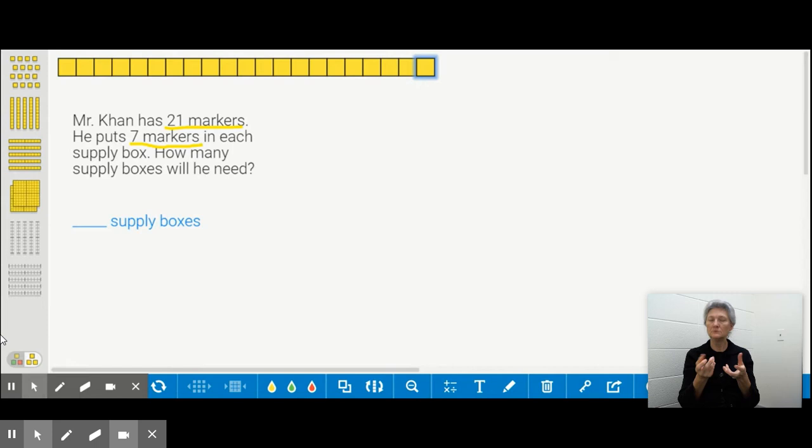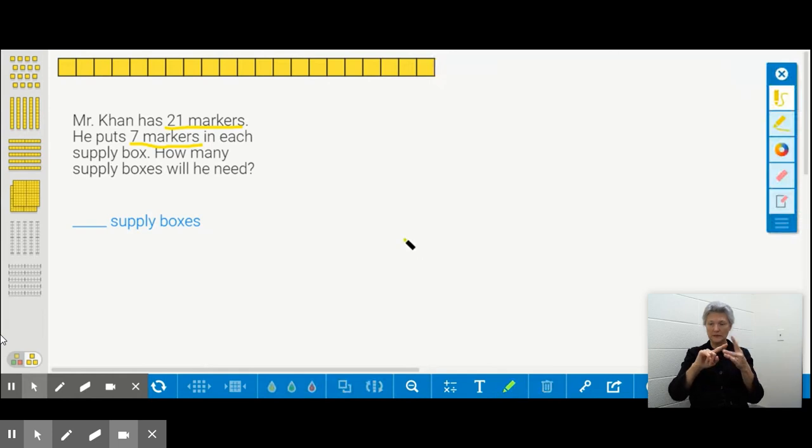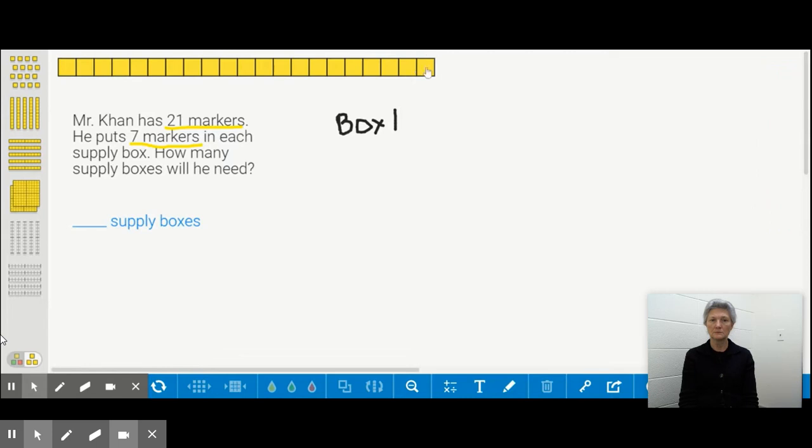Now, he's going to put 7 markers in each box. So let's start with the first box. And I'm just going to label that as box 1. And we need 7 markers.